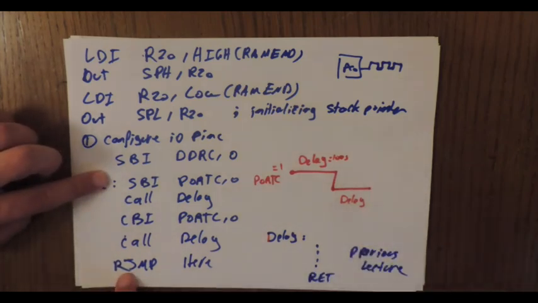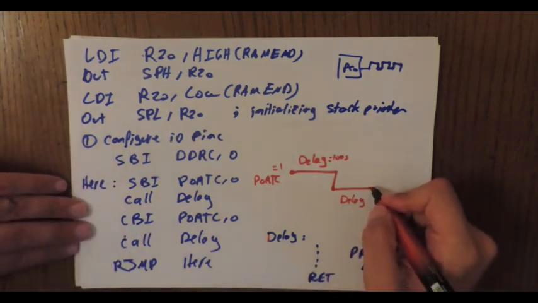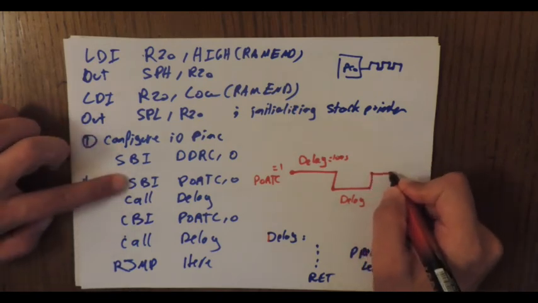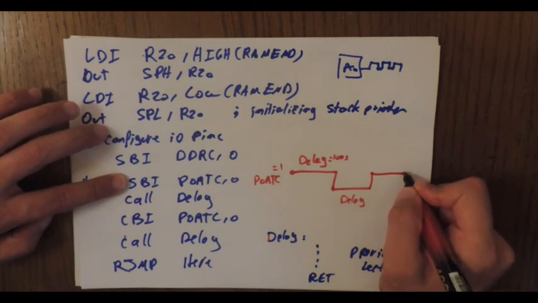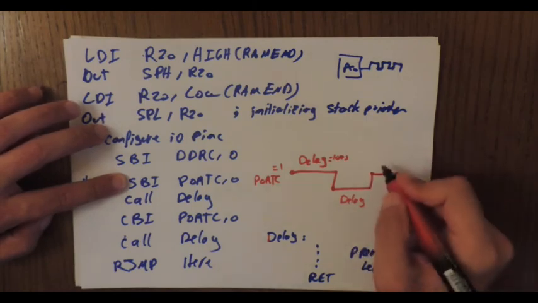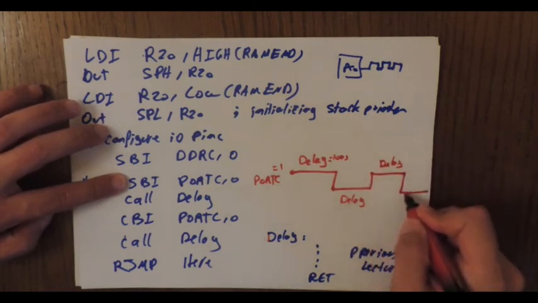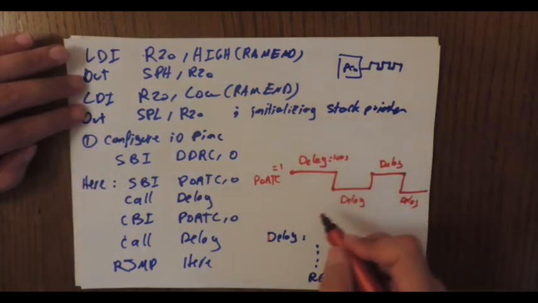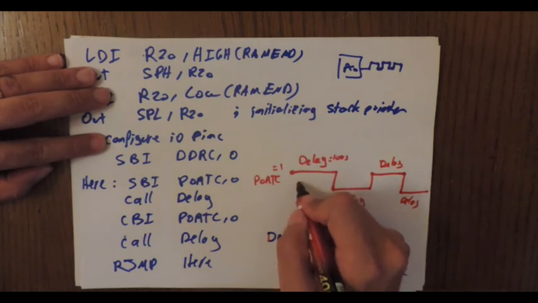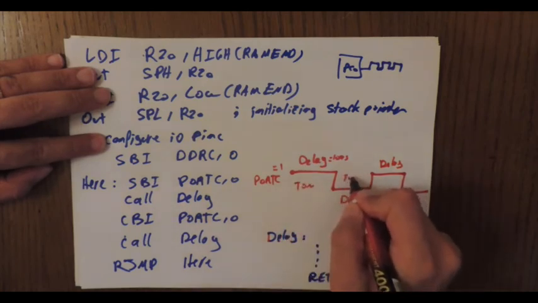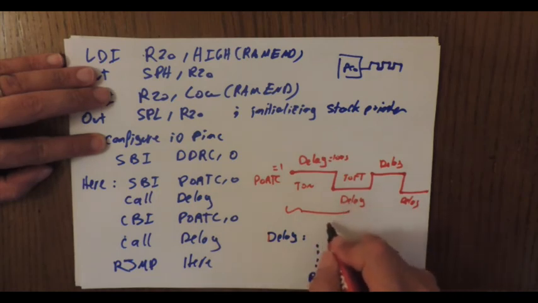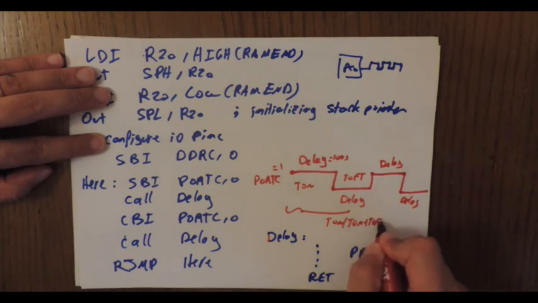We neglect the overhead for our jump and the execution of the instructions, it's very small, and then we set it again, and go like this forever. So all of this is delay. So this is T on, this is T off.